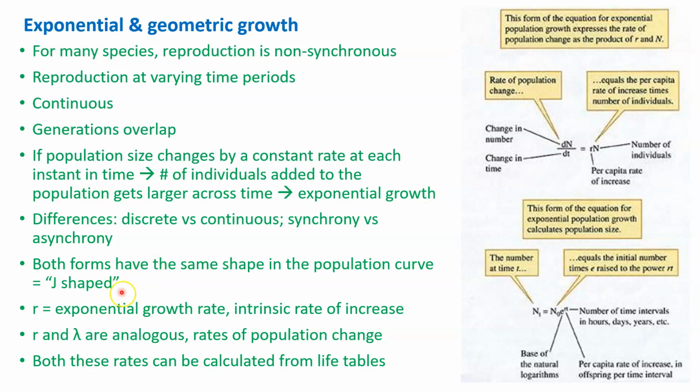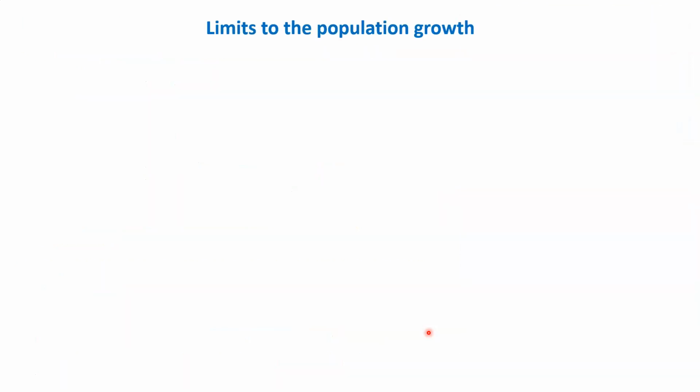Now, this r, the per capita rate of increase, is also known as the exponential growth rate, or the intrinsic rate of increase. r and lambda are very analogous; they correspond to the rate of population change, and both of them can be calculated based on your survivorship curve, based on your life history tables.